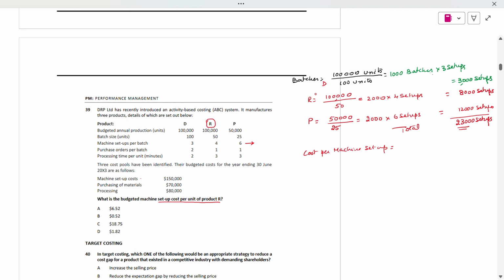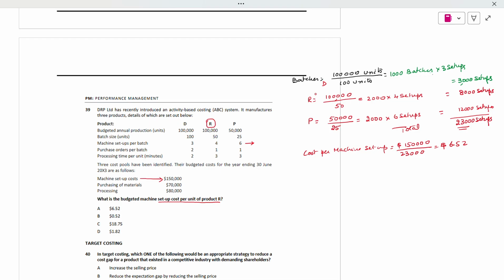How much is the machine setup cost? 150,000. 150,000 divided by 23,000 comes to how much? It comes to 6.52. Okay, 6.52.